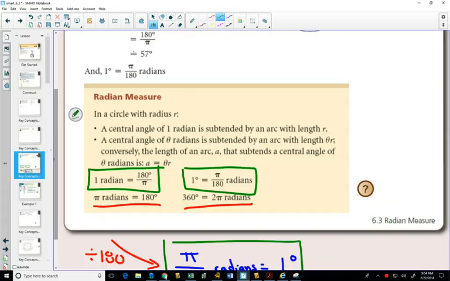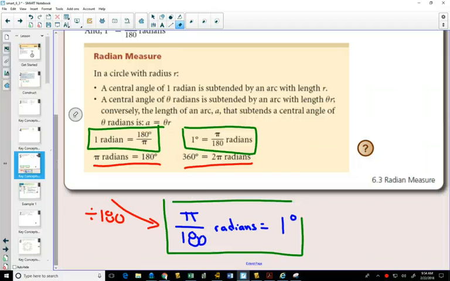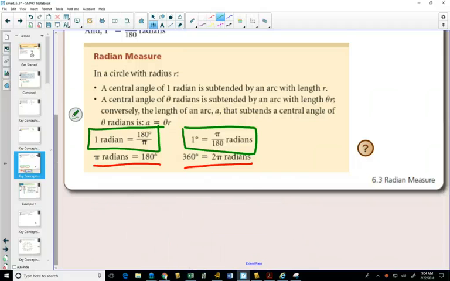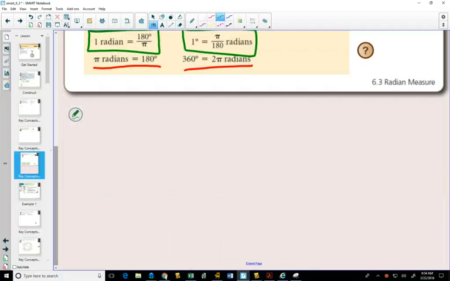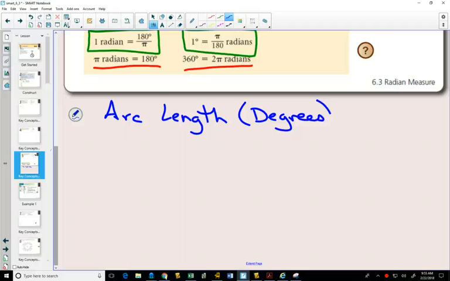Right beside this, what we're going to write down is what we did in our math lab from yesterday. So we're going to rewrite the formula we figured out for our arc length in degrees.